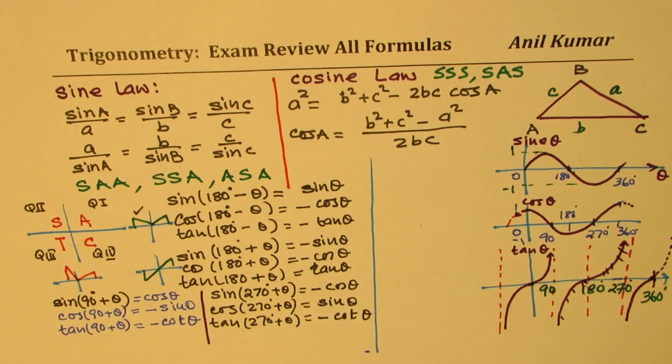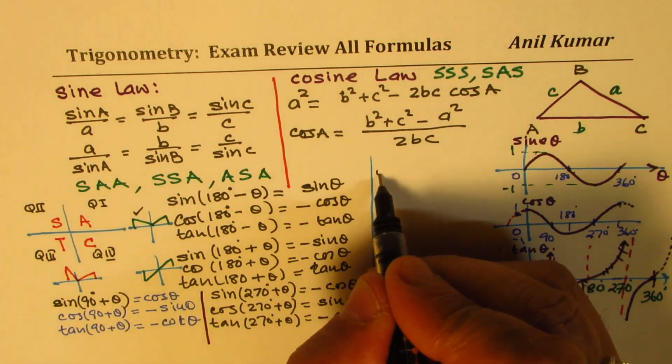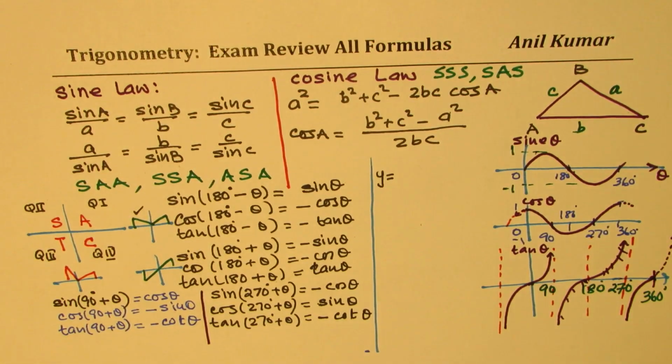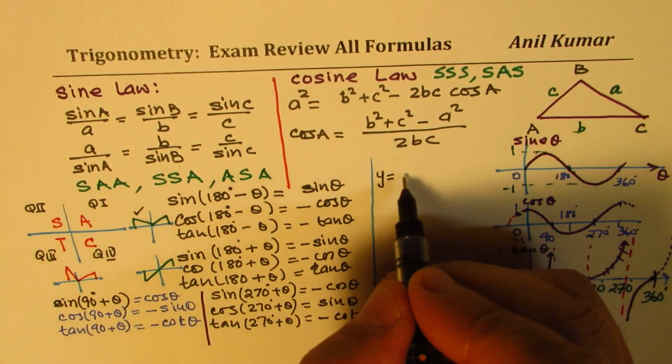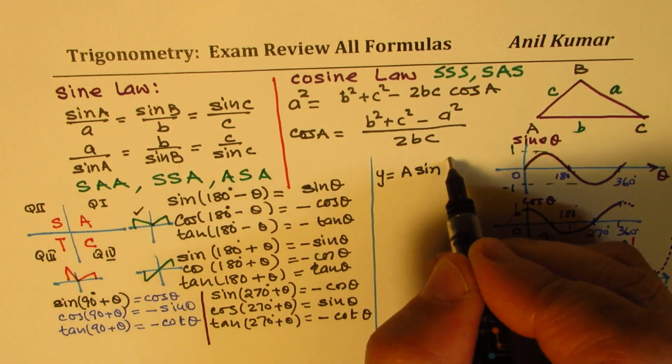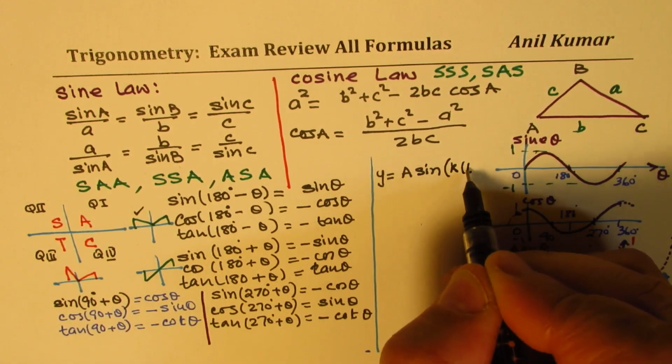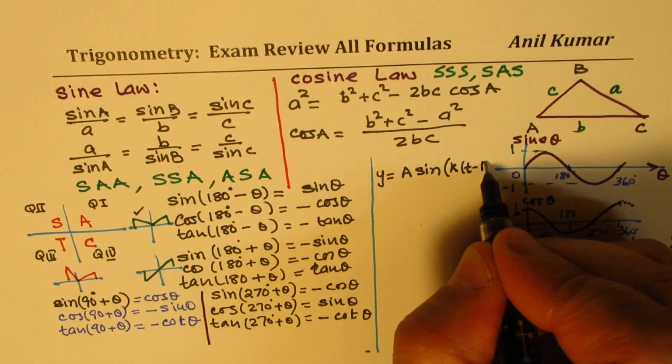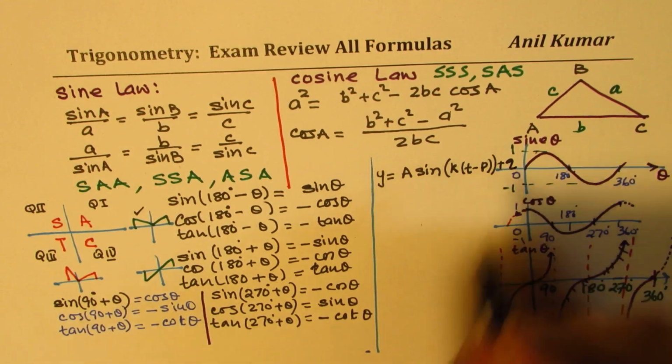Perfect. Okay. Now at times, you may also do modeling. So in that case, we have to use the formula. We can write any value y as amplitude times sine of k times t minus p plus q, correct?